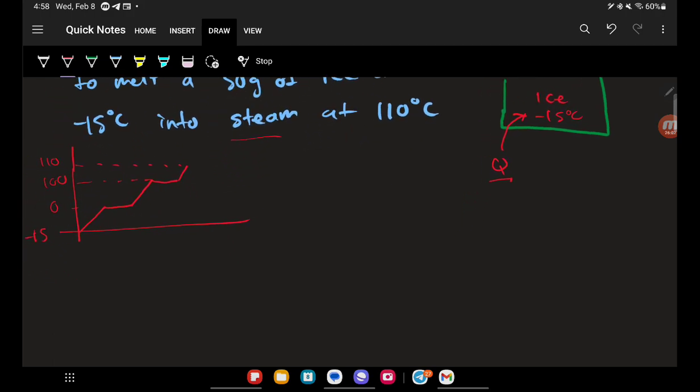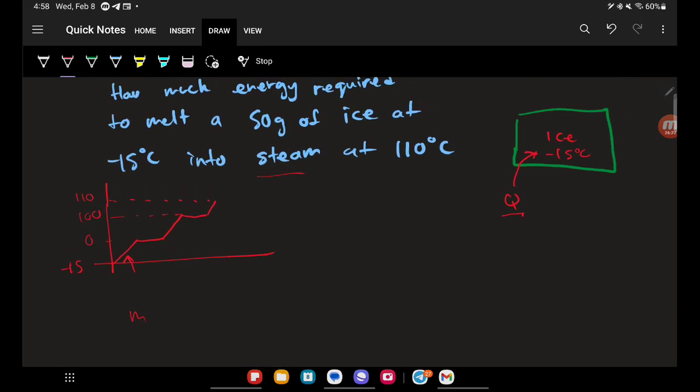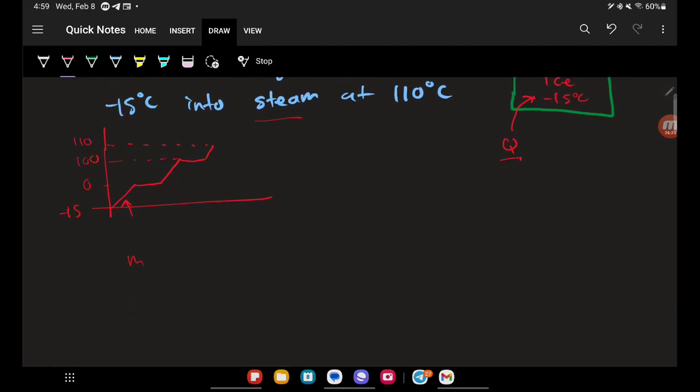So what we need to do here is count the number of processes now. So we have C ice, because it's the same thing. The ice is going to be the steam, so we don't need to label the mass because we only have one component here, which is ice. So technically all the masses are going to be the same.